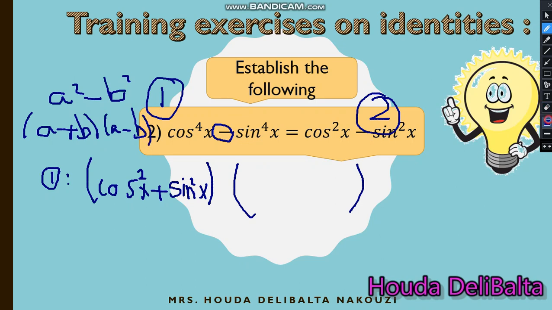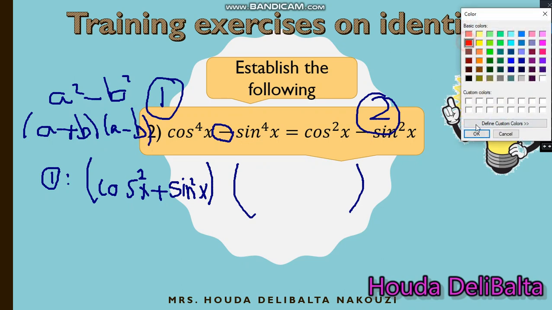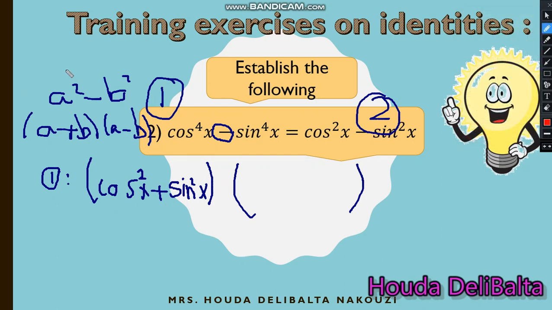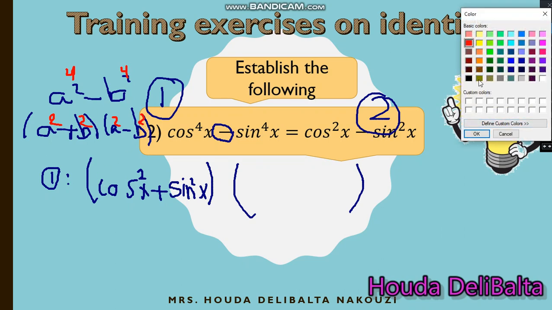So if I put power 4 instead, a power 4 minus b power 4, I will get a squared plus b squared into a squared minus b squared. And thus I'm going to continue.